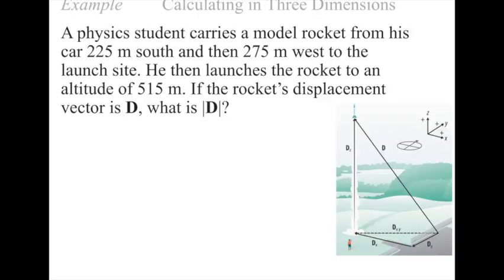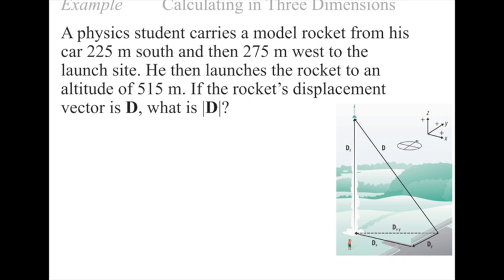So look at the example that they've given us. This says a physics student carries a model rocket from his car 225 meters south and then 275 meters west to the launch site, all right? So south and then west.